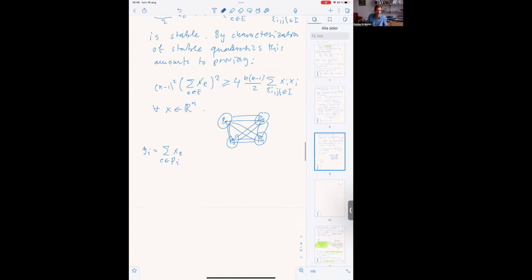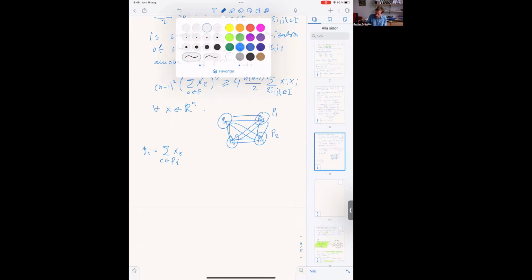But now it makes sense, right? So we sum over all the variables that are in the parallel classes. So these are the parallel classes, P1, P2, and so forth. So what does this say? Well, now we use the elementary symmetric polynomials in the y.